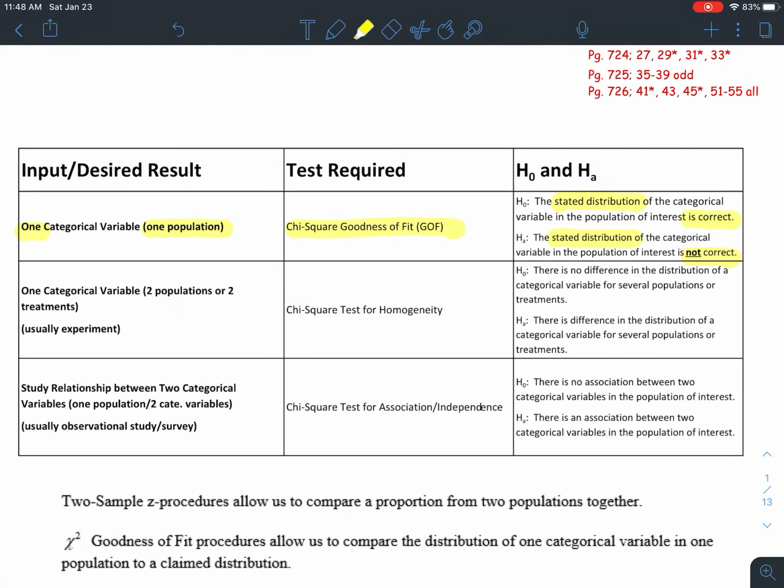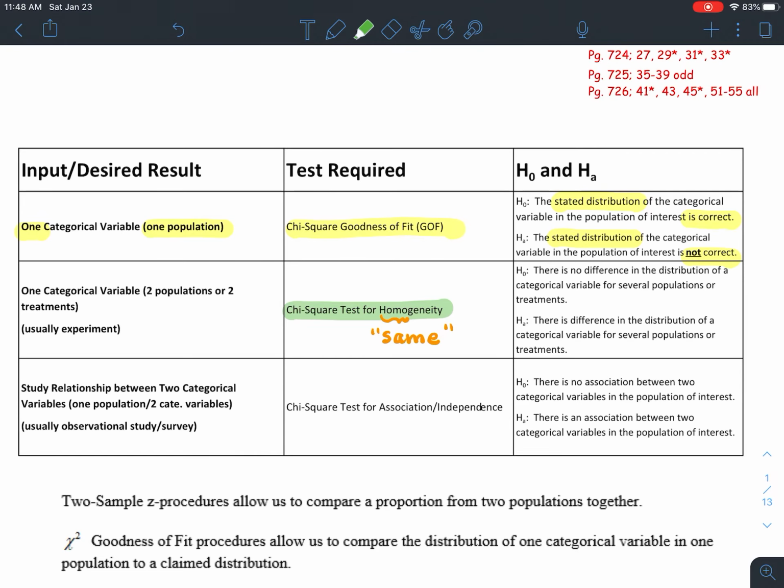Our focus here today is going to be on a test called the chi-square test for homogeneity. And that prefix, homo, means same, which could help us a little bit here in trying to keep straight what the hypotheses are for this chi-square test for homogeneity.